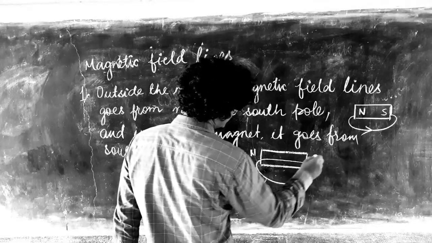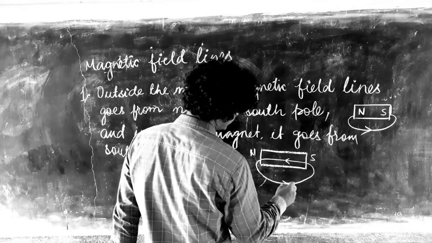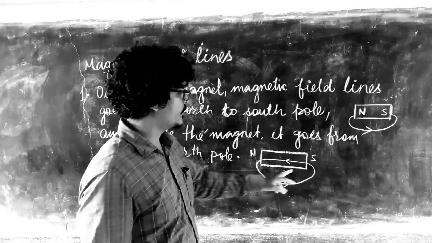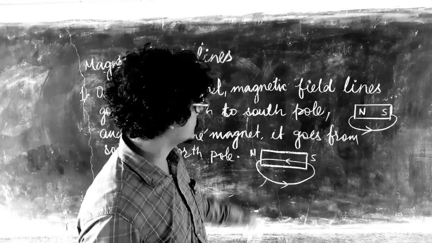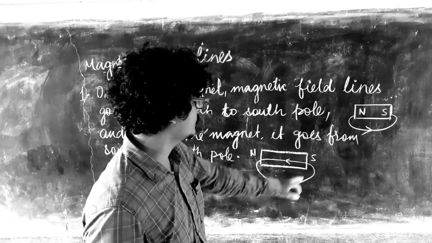This is north, this is south, this is the direction. So inside the magnet it goes from south to north, and outside the magnet it goes from north to south.